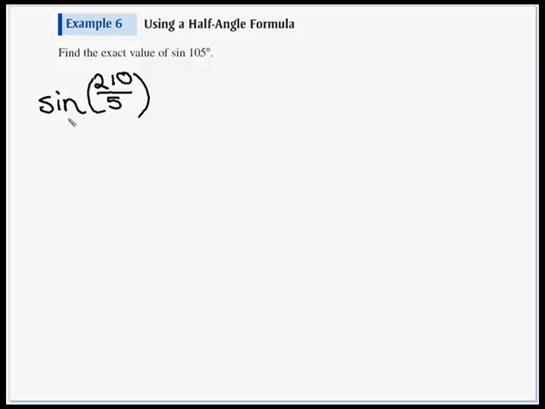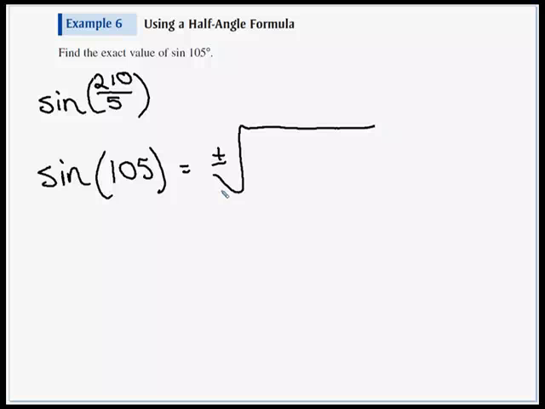And if we start to plug that into the sine formula, we're going to have the sine of 105 is equal to plus or minus, and then we have our radical. And under that radical is 1 minus the cos of this doubled, this 210 degrees, the cos of 210, all over 2.